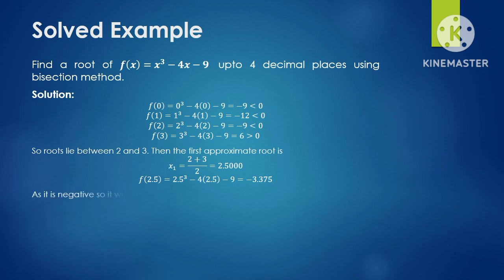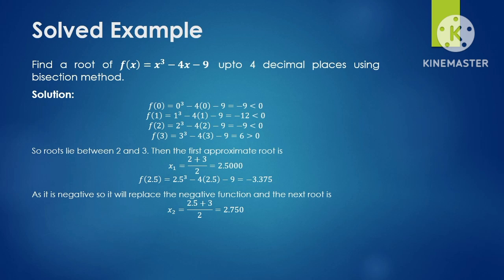So we will replace the number 2, at which the value of the function was negative. So the next root x2 = (2.5 + 3)/2. We calculate it. It is equal to 2.750. This is the second approximate root.